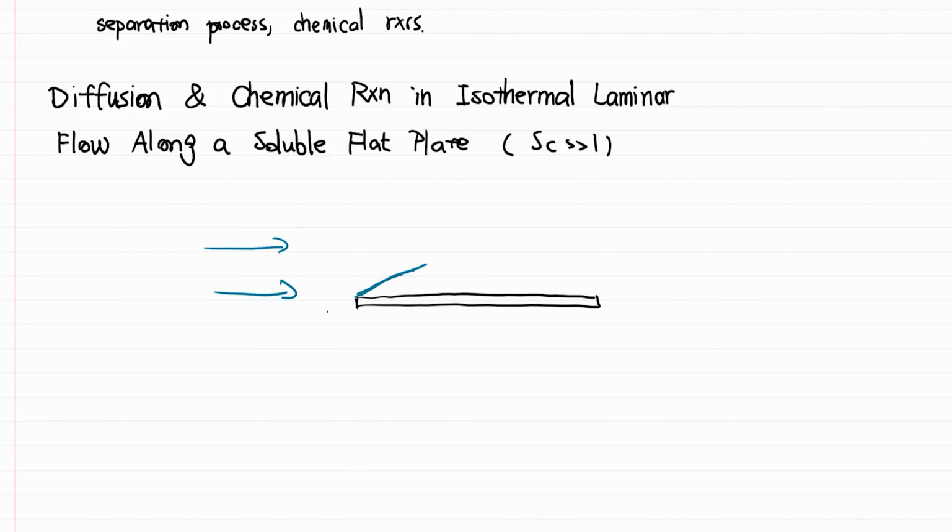Because we have the assumption that the Schmidt number is much greater than 1, we have a diffusion boundary layer and a velocity boundary layer developed, where the velocity boundary layer would be much thicker than the diffusional boundary layer.